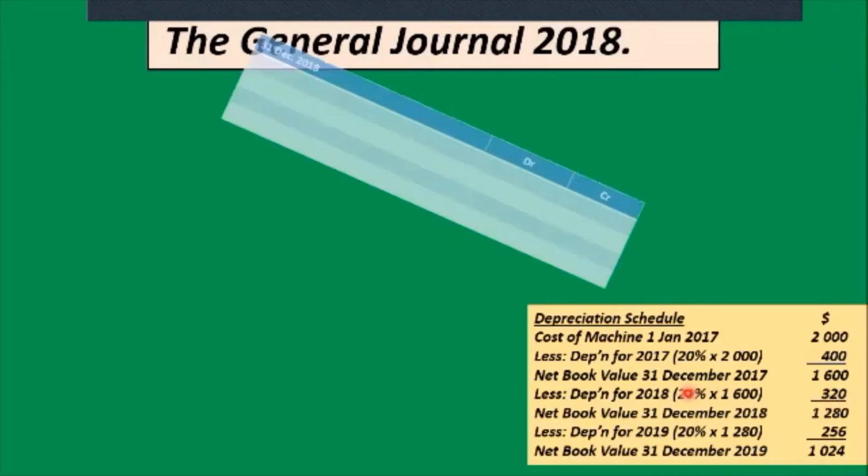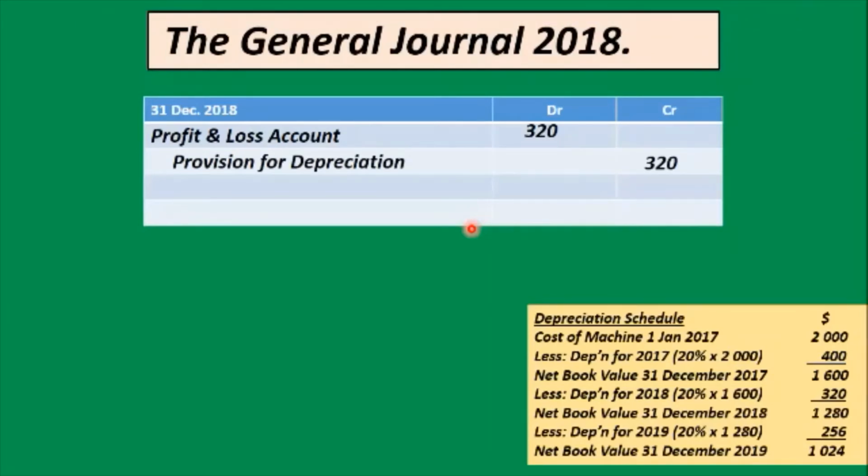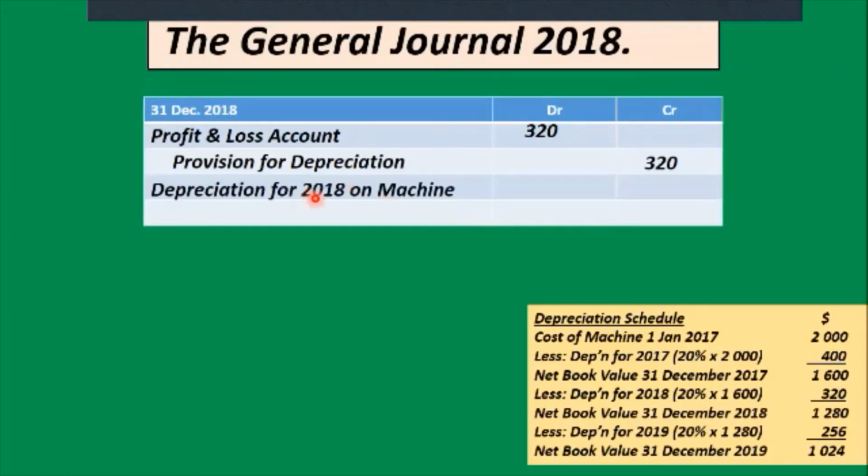So this is for 2018, and we have our debit column and our credit column. Again, the entry would be the same: debit profit and loss account, this time 320, and credit provision for depreciation, 320, the depreciation of our machine for 2018.